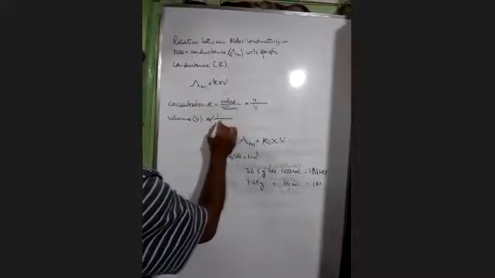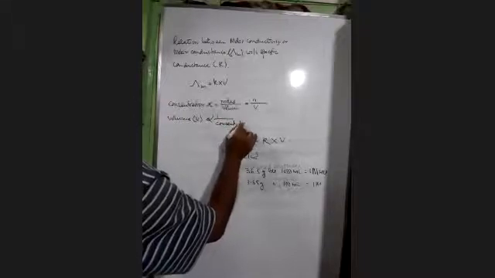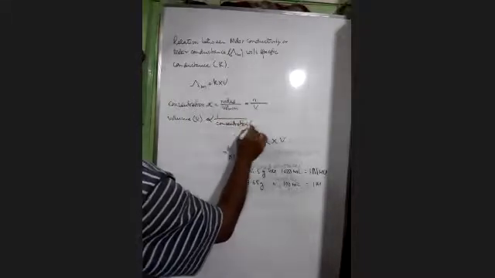See here, volume is inversely proportional to the concentration. So volume V is inversely proportional to concentration C. Therefore, I can write that lambda m is equal to kappa divided by C.